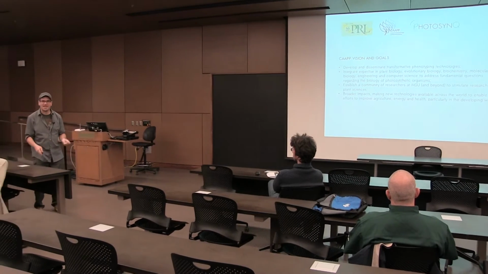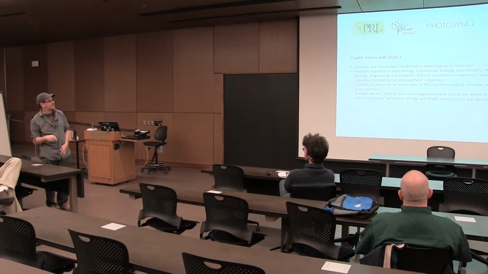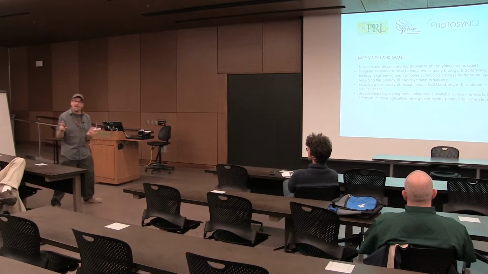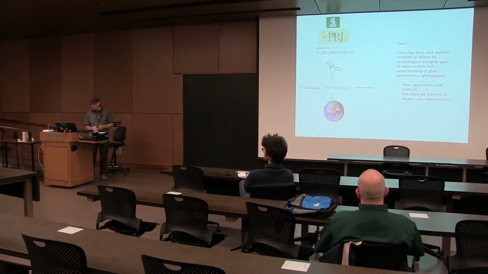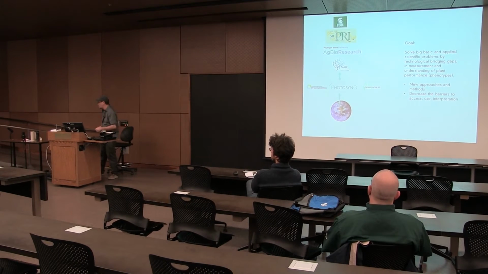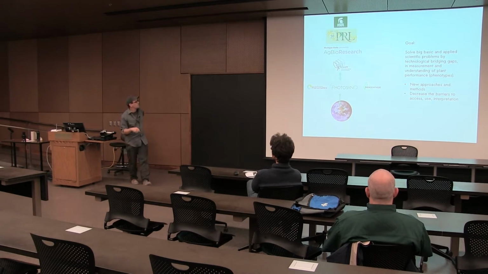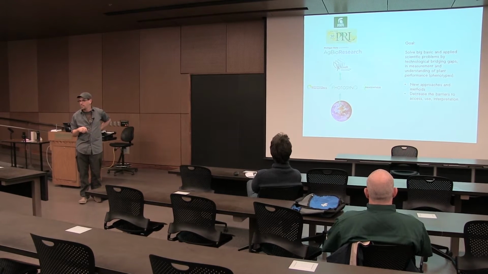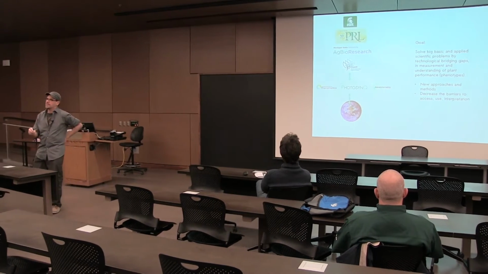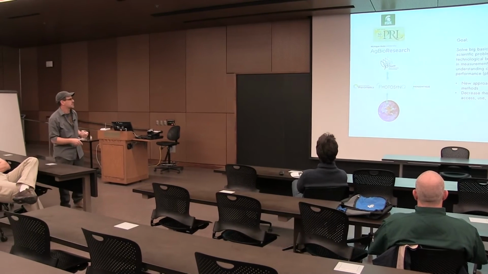And I hope you'll think that by the end of all this, that the photosync is a good example of how that's working. So the goal, how we try to solve problems in the CAP Center, we want to bridge gaps in the current technology that prevent us from answering certain kinds of questions.